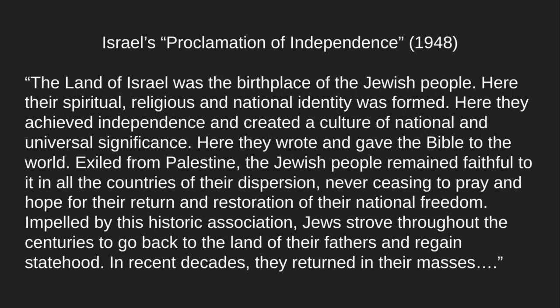Exiled from Palestine, the Jewish people remained faithful to it in all the countries of their dispersion, never ceasing to pray and hope for their return and restoration of their national freedom. Impelled by this historic association, Jews strove throughout the centuries to go back to the land of their fathers and regain statehood. In recent decades, they returned in their masses."